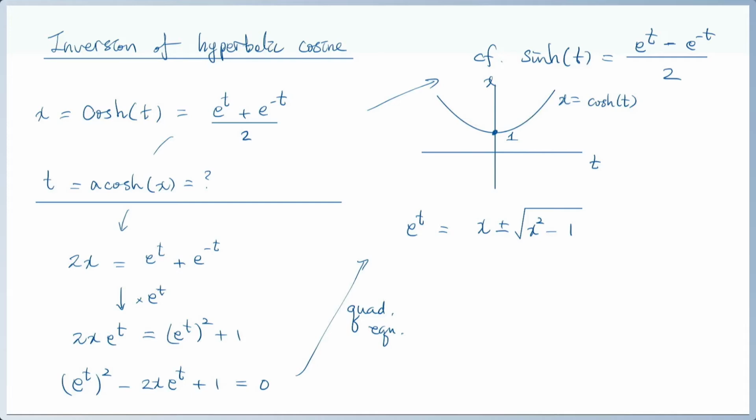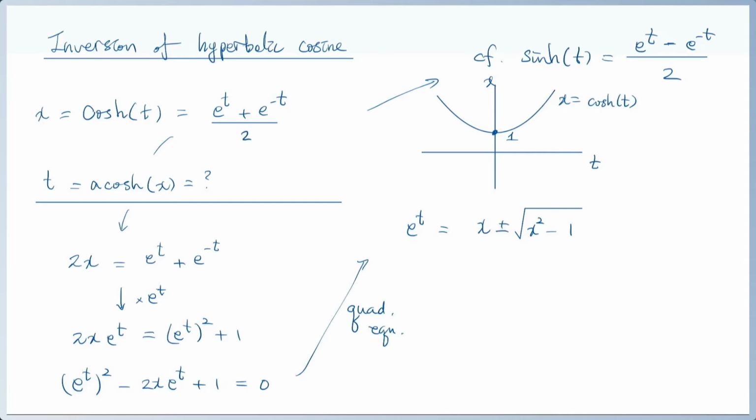Therefore, you cannot technically find the global inverse. But what you can do is find the inverse of this branch or the other branch.